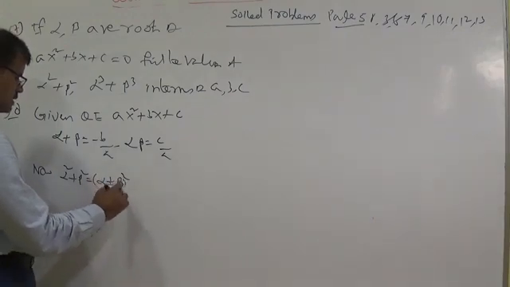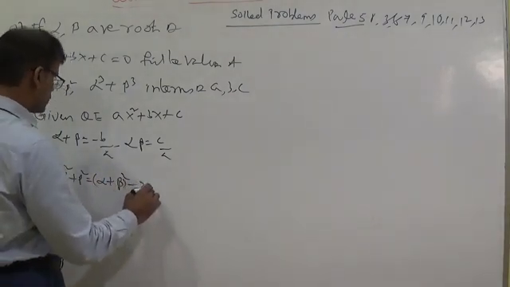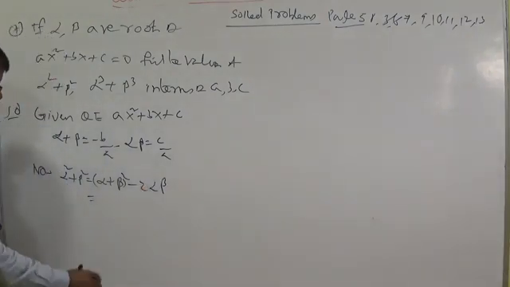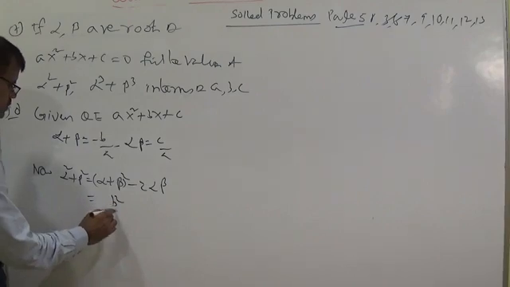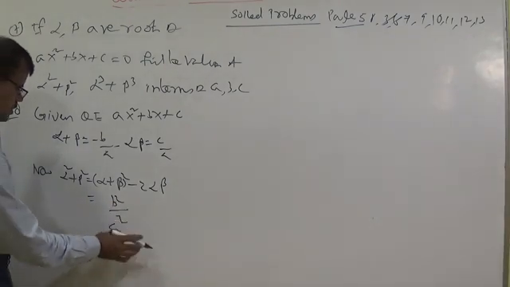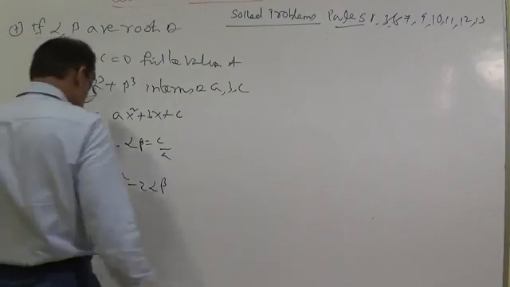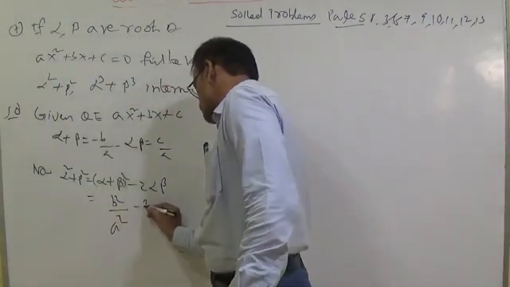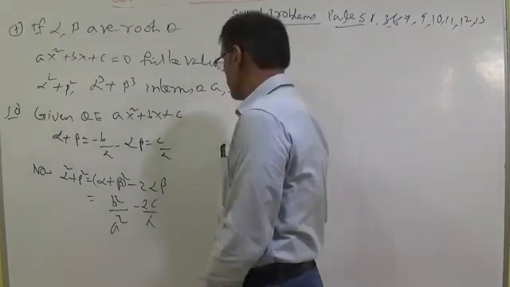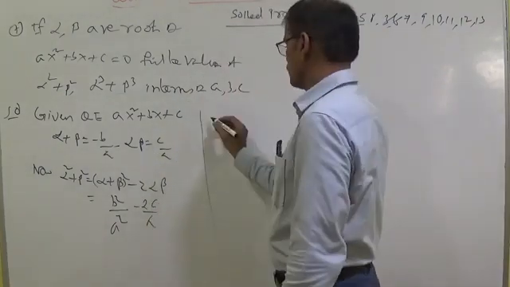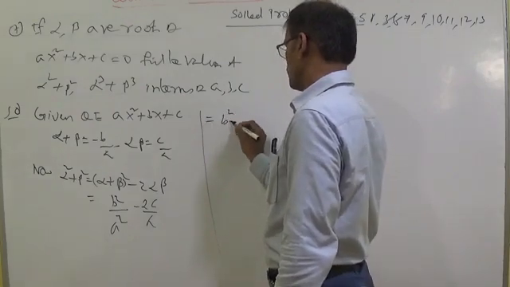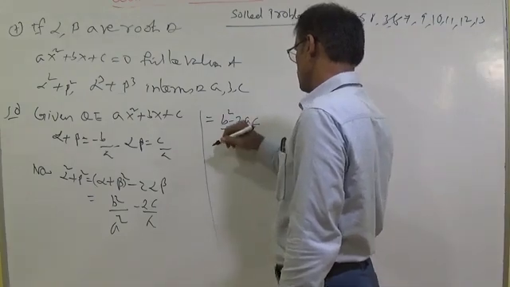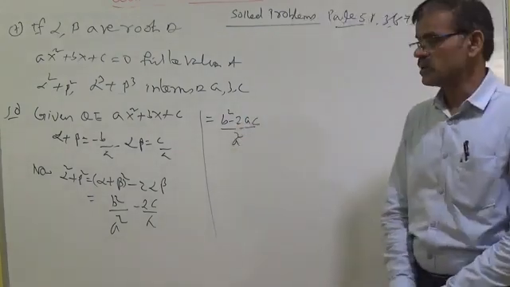I think in the previous class I said that alpha square plus beta square is equal to (alpha plus beta) whole square minus 2 alpha beta. So this can be written as b square by a square minus 2c by a. By taking LCM, we get the value as (b square minus 2ac) by a square.